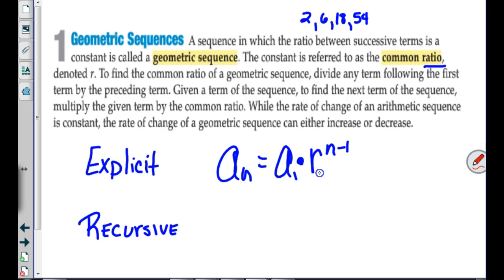And we were kind of careful to put parentheses here because sometimes R could be negative or a fraction or a decimal, and it helped us. And can we ever just multiply A and R? Not if there's some kind of a power up here. All right, recursive, anybody remember what that would look like? You'd have to tell me the first term, and then what?